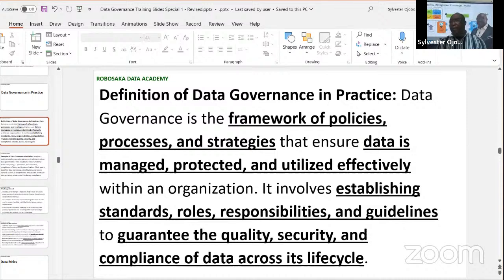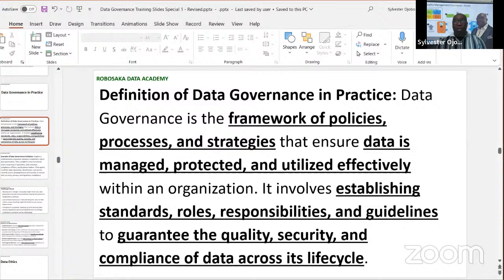Here I go again. I can say in my previous role, I was employed, though it was a greenfield environment. I discovered that there was no proper framework or policy, processes and strategy put in place. I now established a framework of policies, processes and strategies to ensure that data is well managed, protected and utilized effectively within the organization.